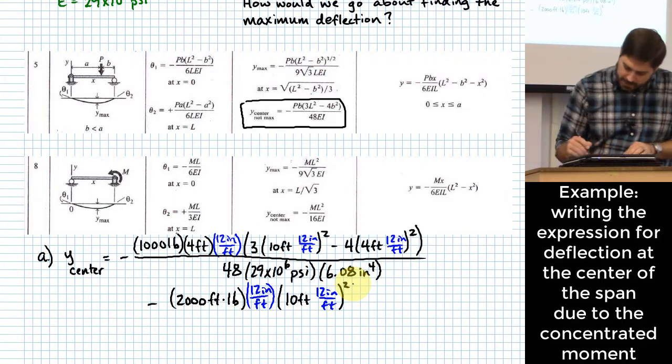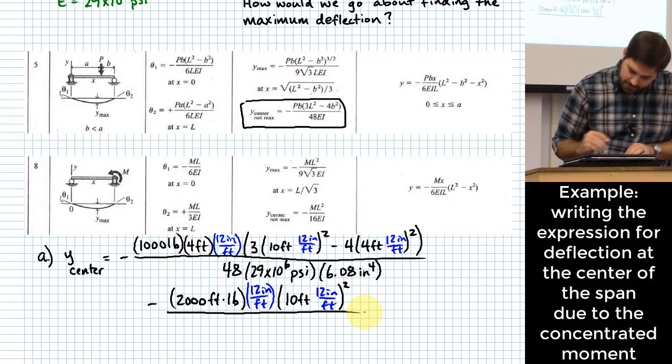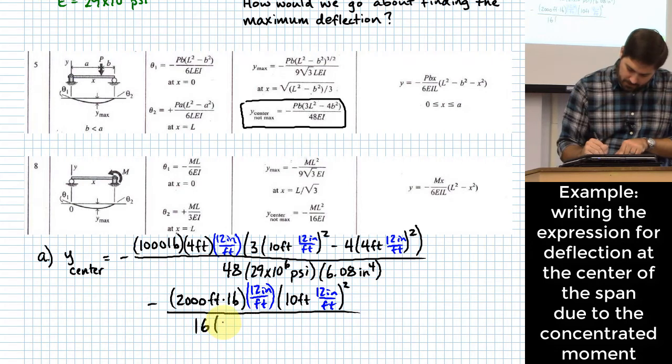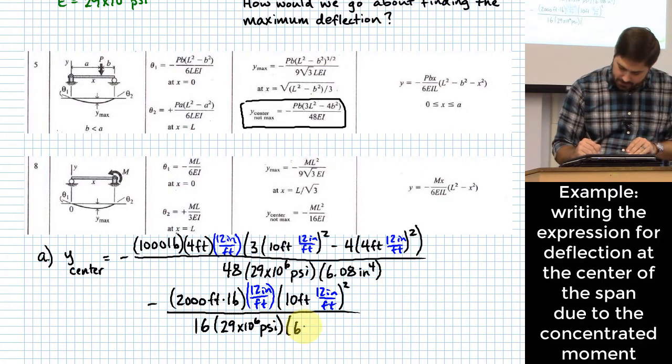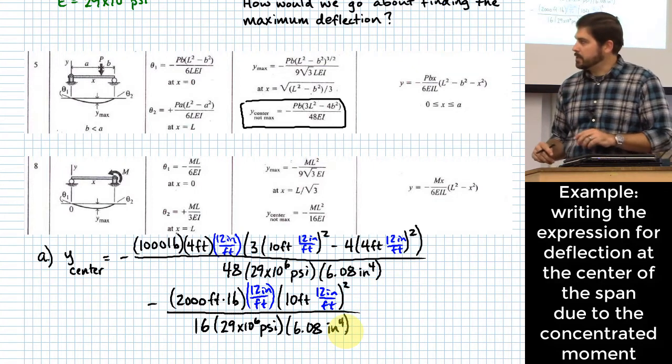And then the denominator, I've got 16 EI. E is 29 times 10 to the 6th PSI, and I is 6.08 inches to the 4th.